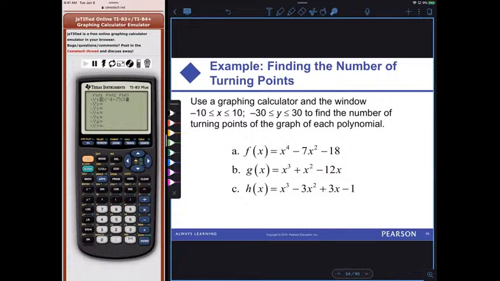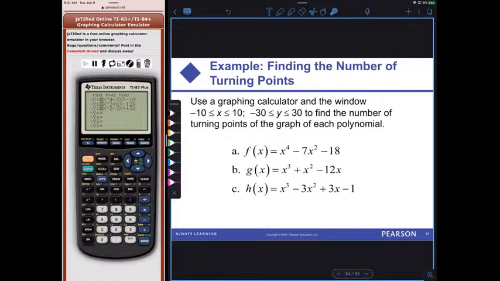The next is x to the power of 3 plus x squared minus 12x. And the last one is x to the power of 3 minus 3x squared plus 3x minus 1.